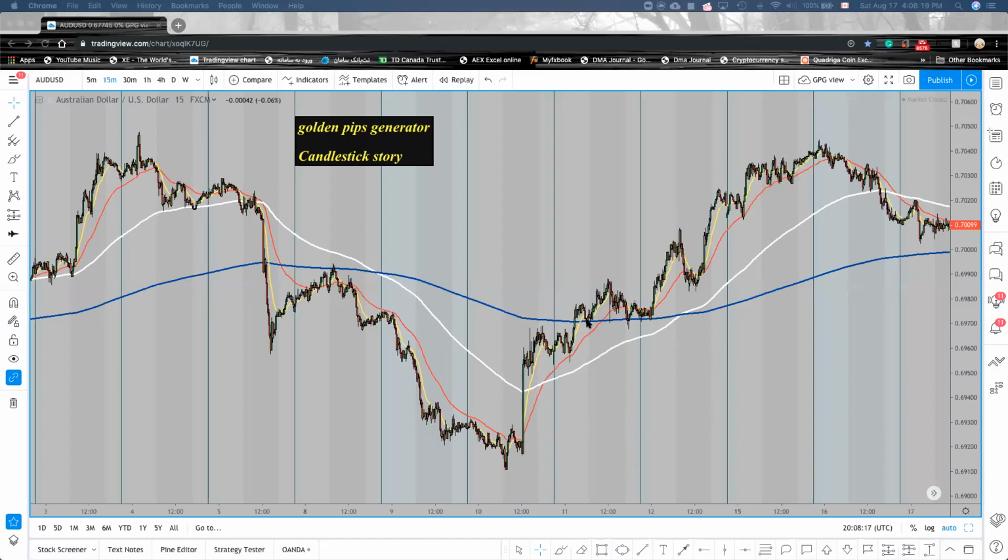So let's start. I'm going to work on Australian dollar, USD, and it doesn't matter, you can see these patterns all over the place, no matter which pair or even which financial market you're looking at. That's the good thing.